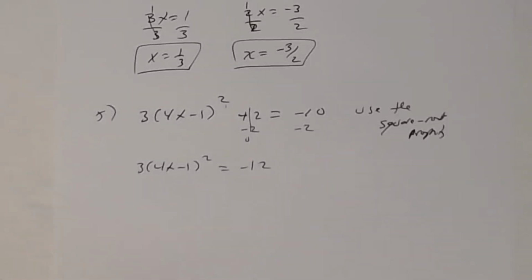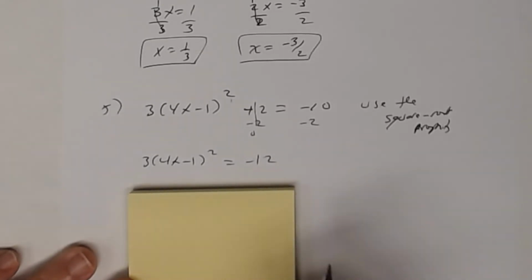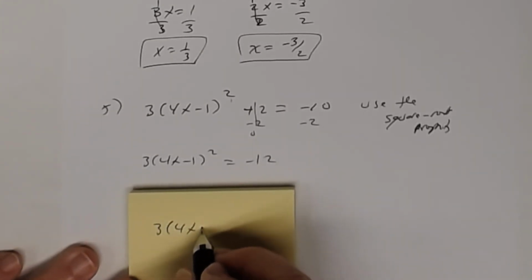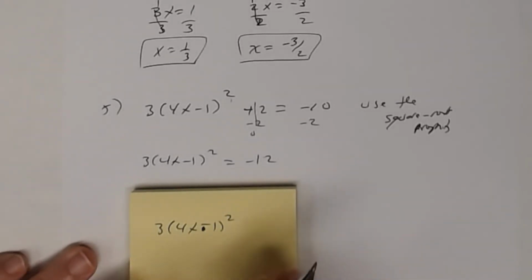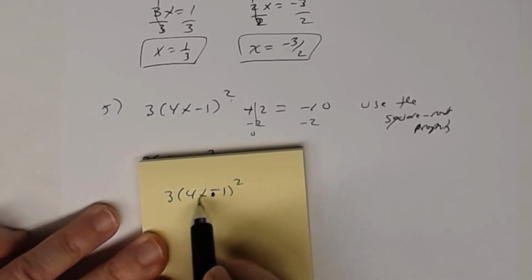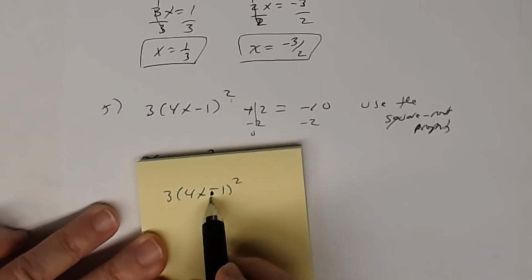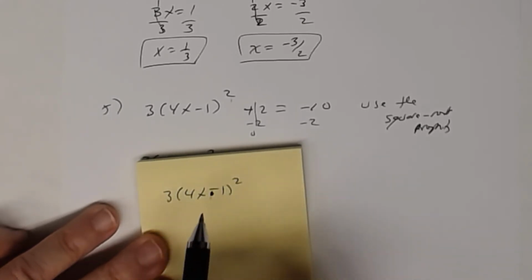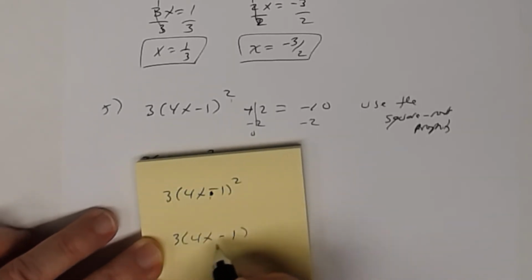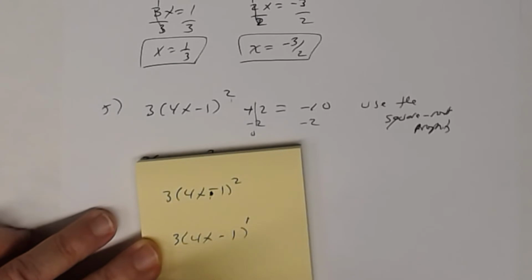Now, one thing that some students, if they're not thinking carefully, do make a mistake is this. So let me just kind of remind you. So they want to use a distributive property here. So in other words, they want to multiply every term inside this parentheses by 3. The only time you can use a distributive property is if that expression here is being raised to the first power.